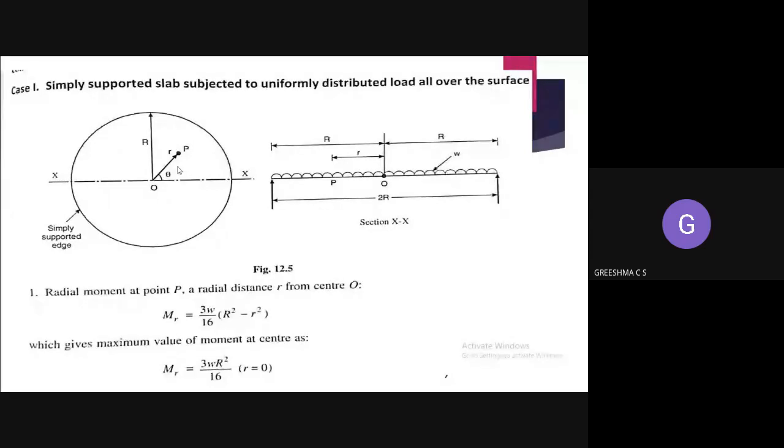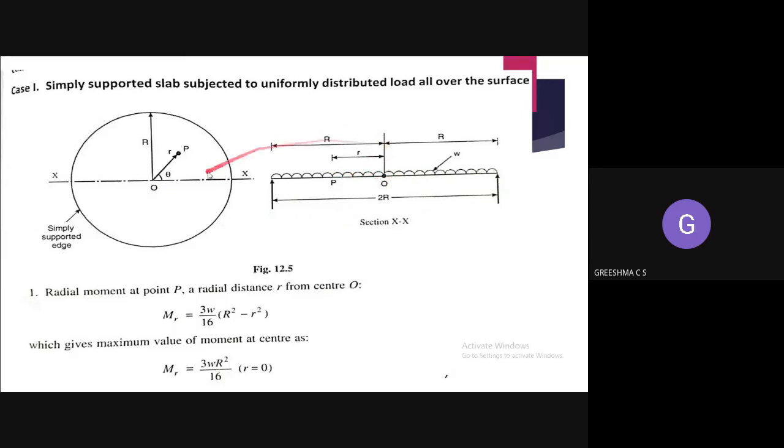Now we are taking a section over here. You can see this is a section XS. Both sides we will have a simply supported. This is the center O. This is a load W that is uniformly distributed. This will be your r direction.